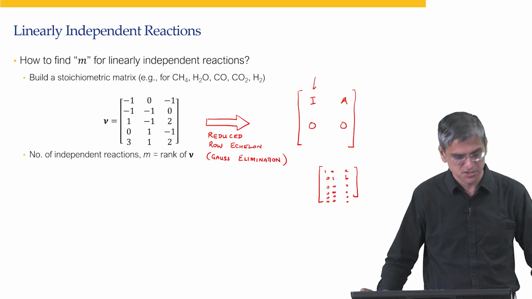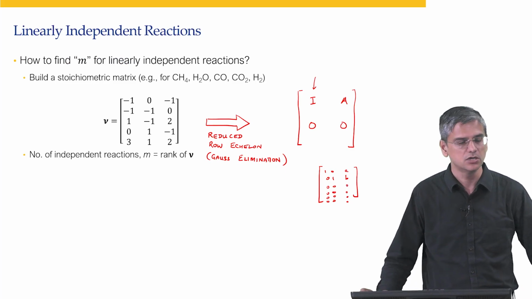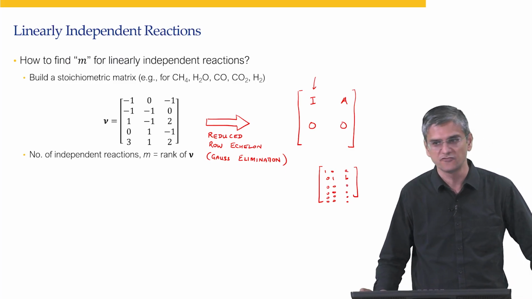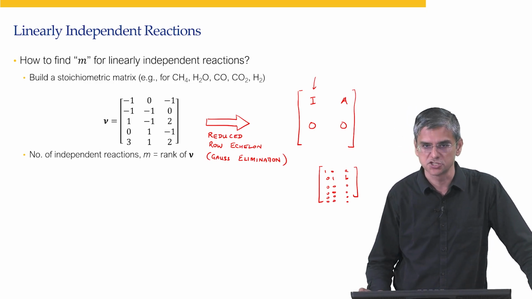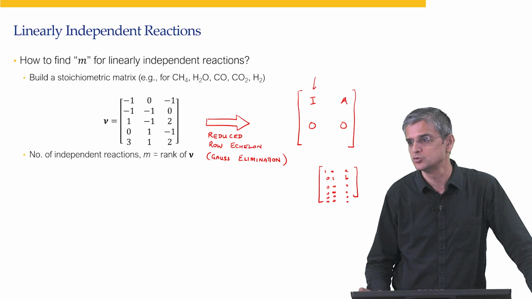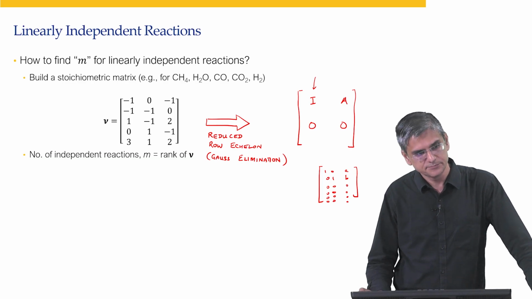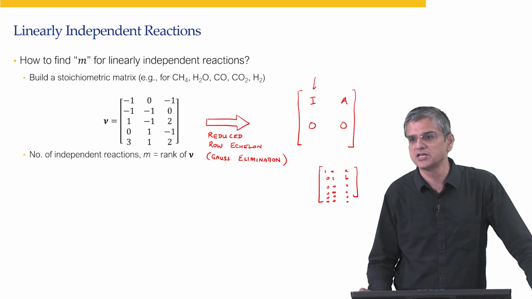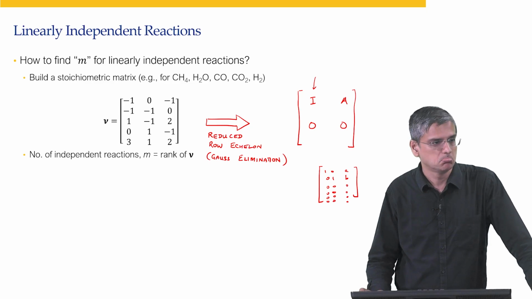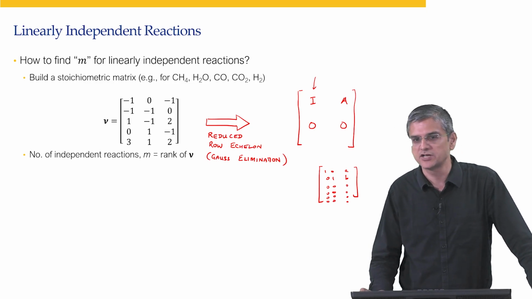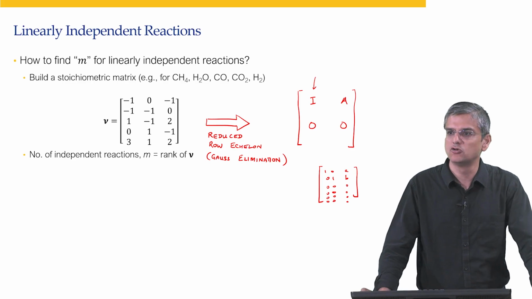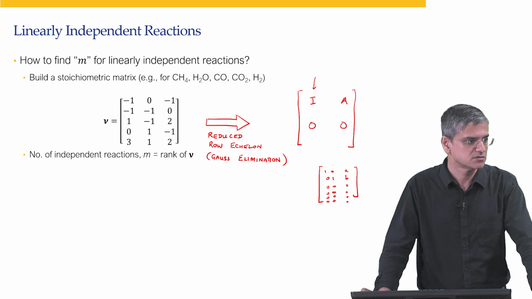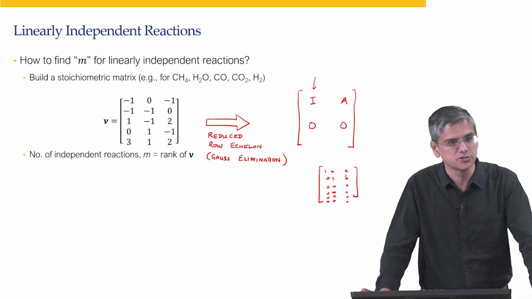If it's a million reactions, you convert it into a reduced row echelon form, or you use another concept called singular value decomposition. You can use either of those two approaches. If you have done linear algebra in undergrad, or if you have seen, for example, Gilbert Strang's videos, you will probably know about the various vector spaces. That's the other approach that you can use.